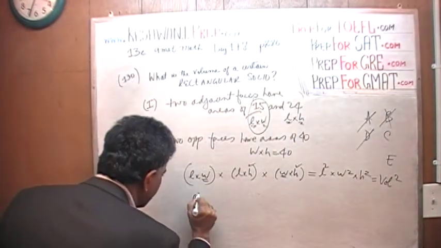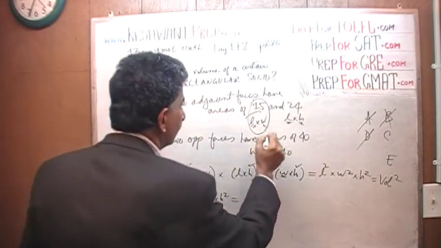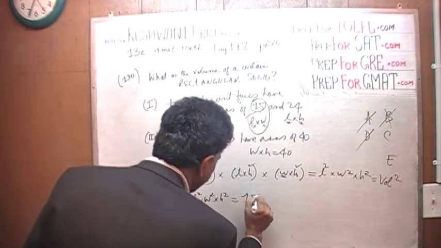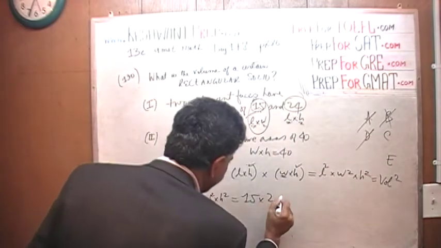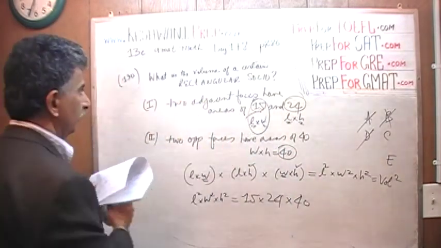So length squared times width squared times height squared equals 15 times 24 times 40. Let's continue this on the top here, so we have the room.